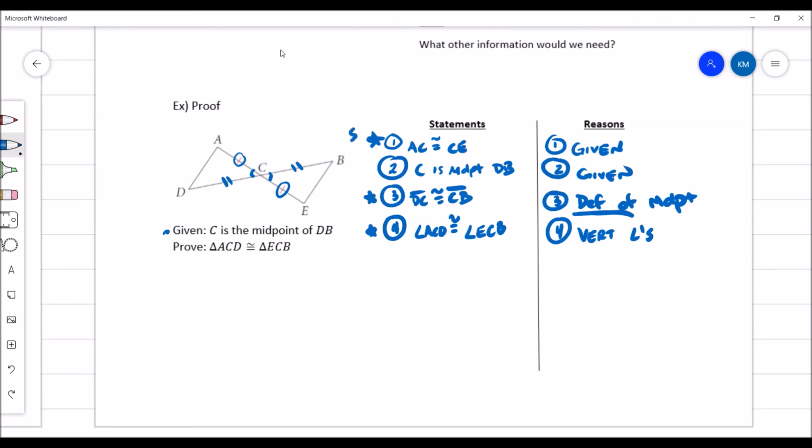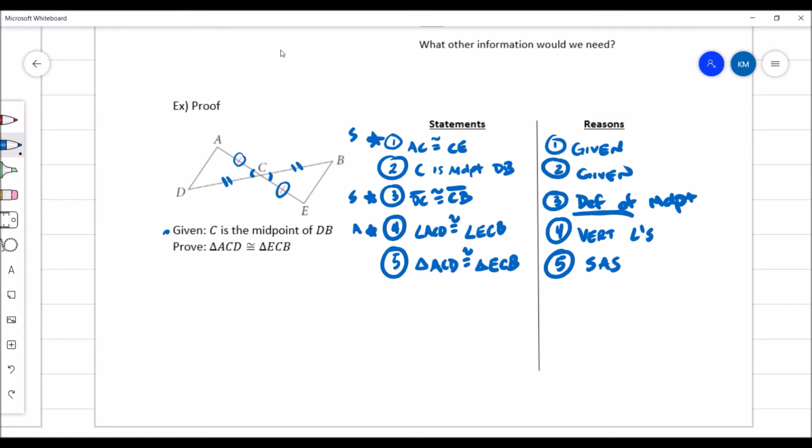I have a side, this is an angle. Let's see if it worked out. Side included angle side. Yep. And so now I can prove, and I have proved, that triangle ACD is congruent to triangle ECB. And remember our reason, the reason that we can say that is our shortcut, our justification, side angle side.